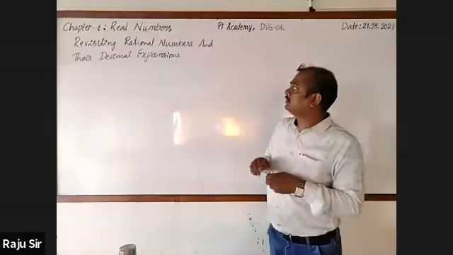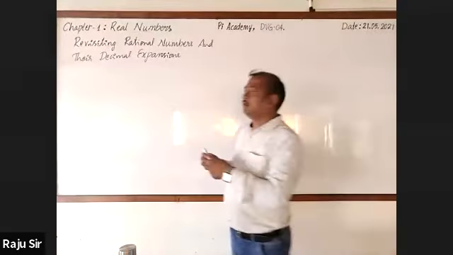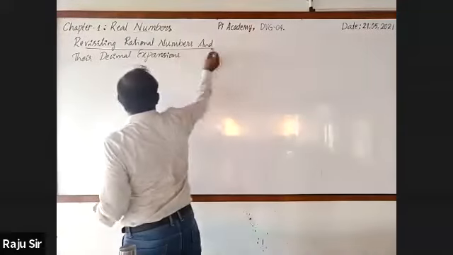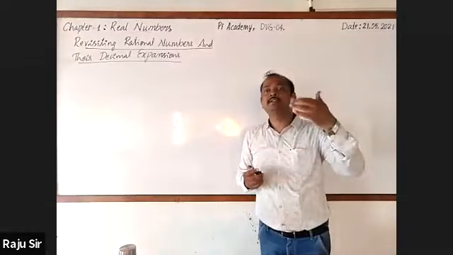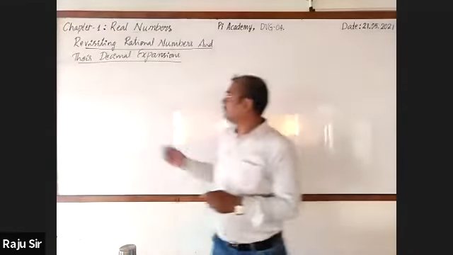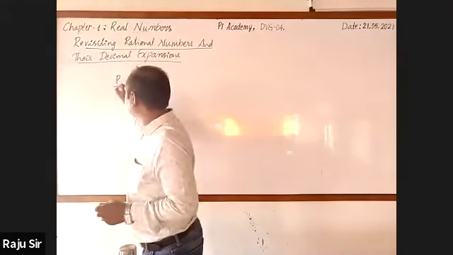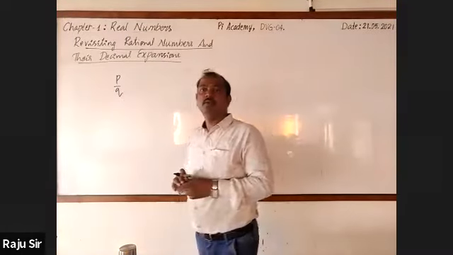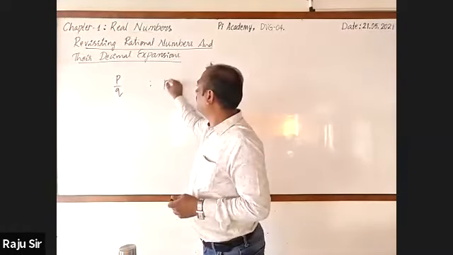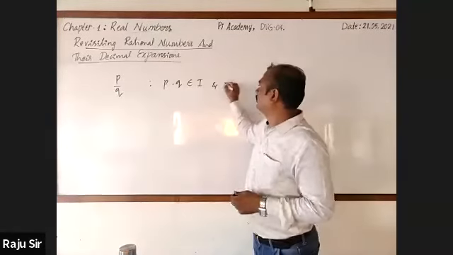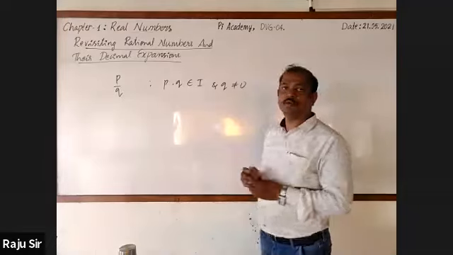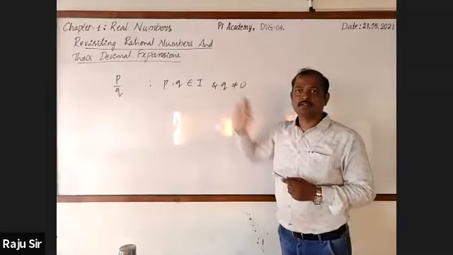Dear students, we are very familiar with the numbers called rational numbers. Just to recall the definition, any number which can be expressed in the form p by q, where p and q are integers and q is not equal to 0, is called a rational number.